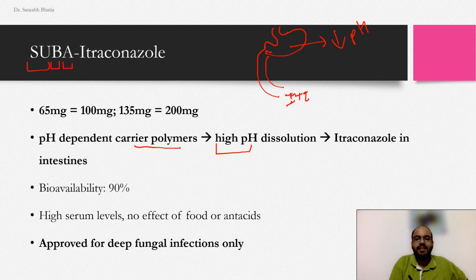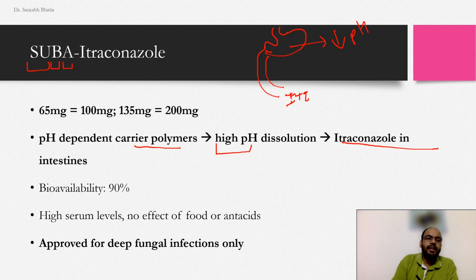It reaches the intestine, and at the intestinal level of high pH it dissolves, leading to release of itraconazole in the intestine. And when it is released, it is absorbed. Because of that, you have more bioavailability with SUBA. That is why it is super bioavailable. You have a good amount of drug deposited in the intestine, leading to good absorption of itraconazole. That is why SUBA is touted to be better than normal itraconazole.